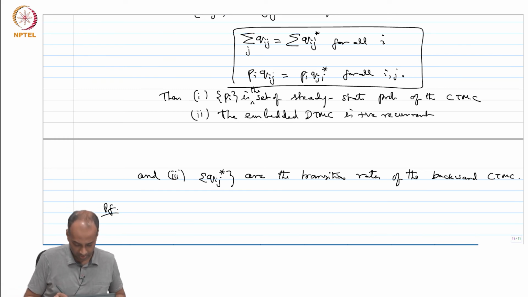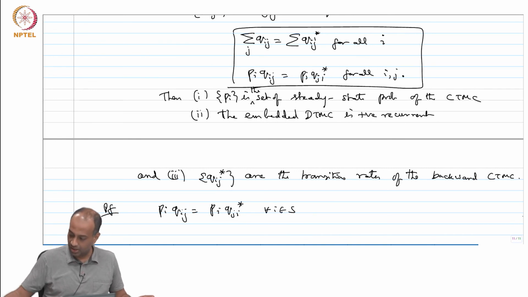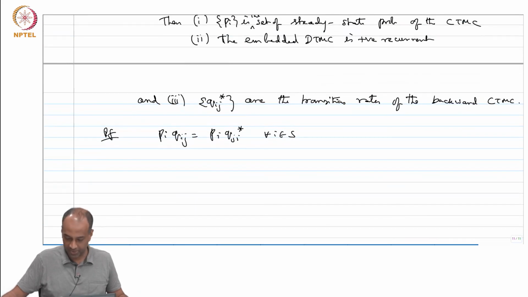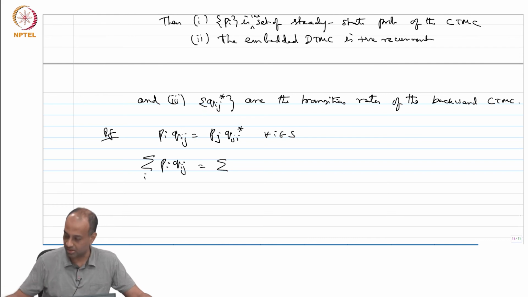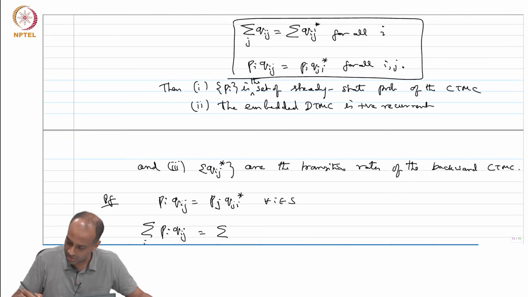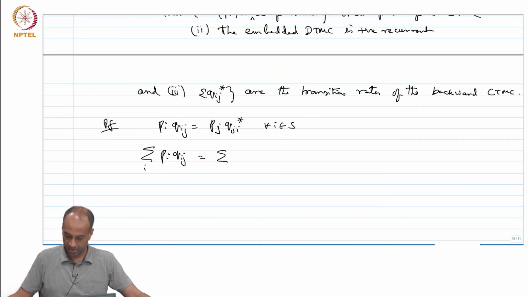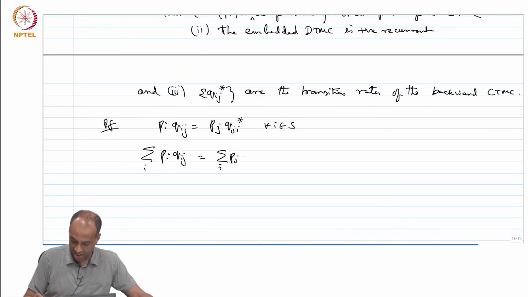So, how do we prove this? If you just look at Pi Qij is equal to Pj Qji star for all i, now you can just sum this over i. You get sum over i Pi Qij is equal to sum over i Pj Qji star.